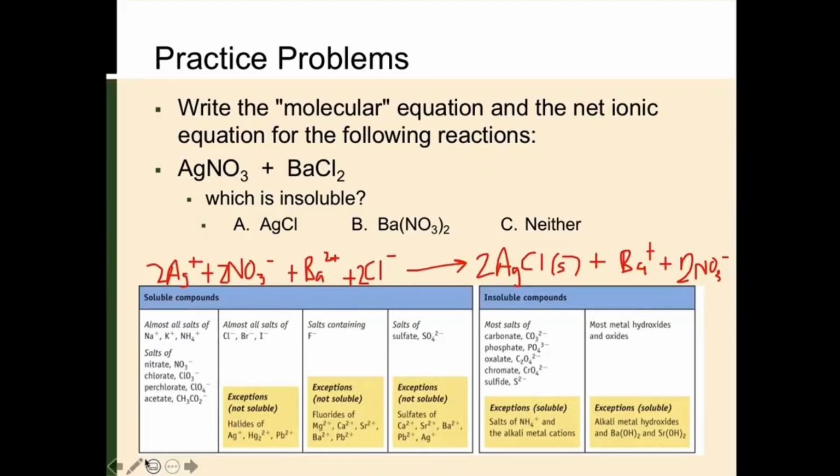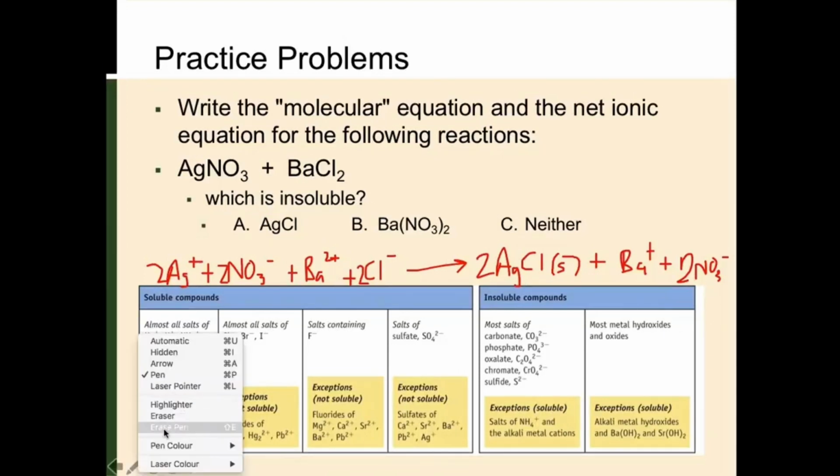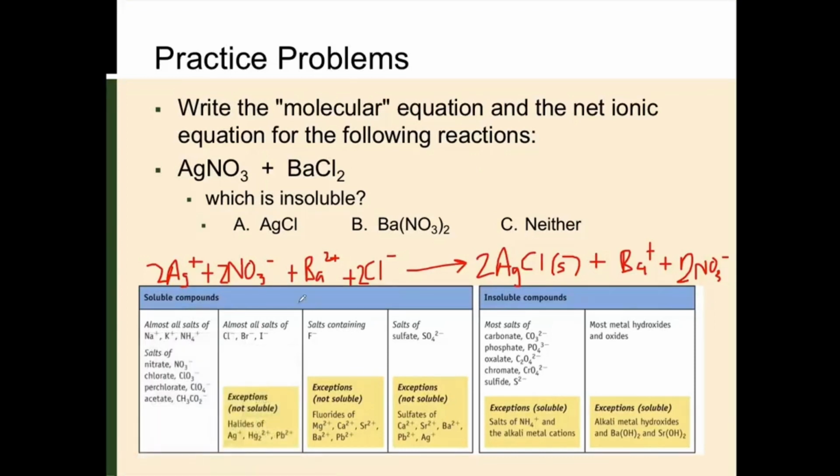So we look and we see which ones are in fact on both sides in the same form and which ones are different. So if we look at our silver, it is different, so that's going to be included in our net ionic equation. Nitrates are the same on both sides, so those get discarded or canceled out. Bariums are the same on both sides, they get canceled out.